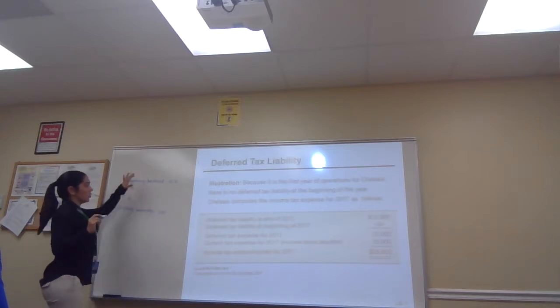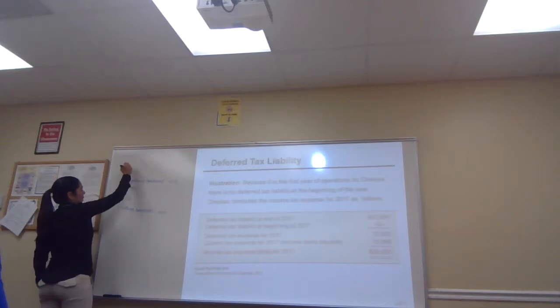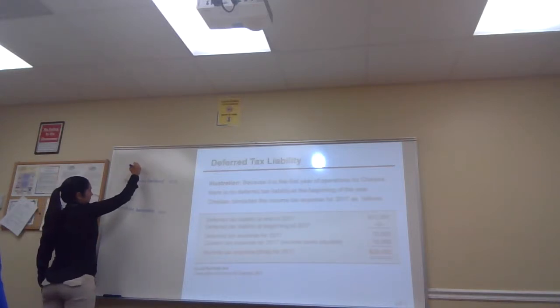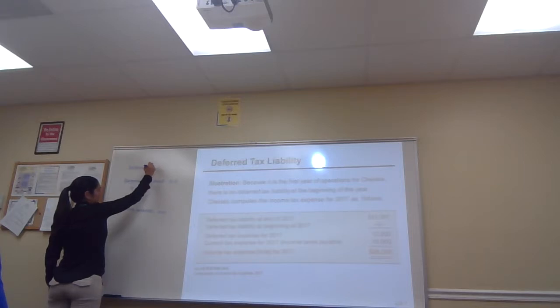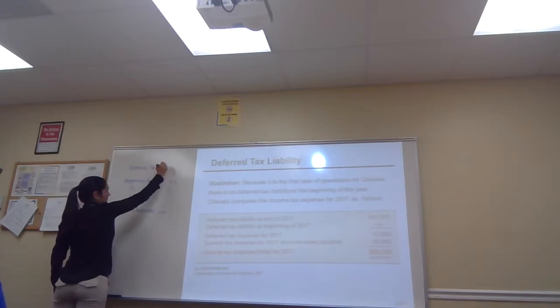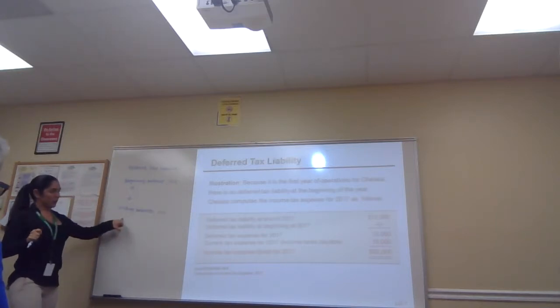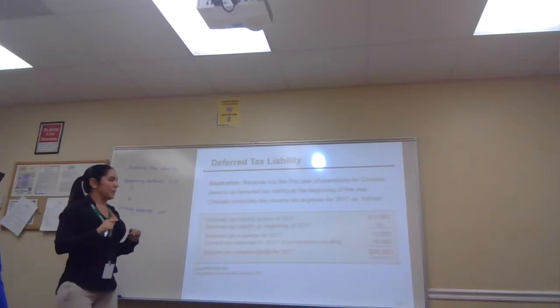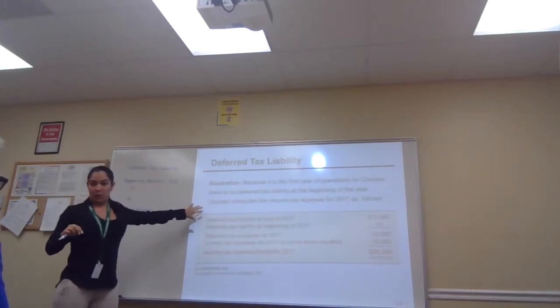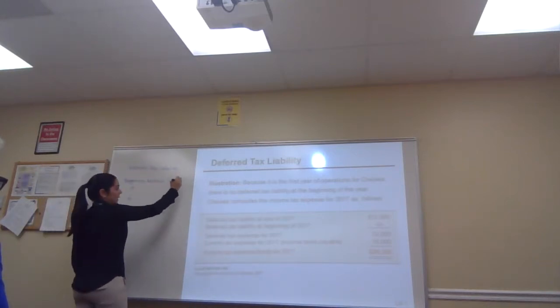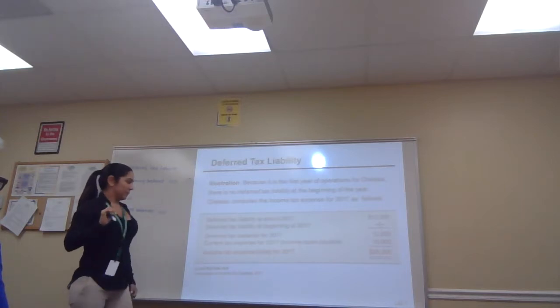So usually, your deferred tax liability account will have a beginning balance. You'll have a beginning balance number, and you'll either go up or down, and you'll end up with your ending balance, right? Basically, what this problem is saying is that because it was the business's first year, its beginning balance was 0.